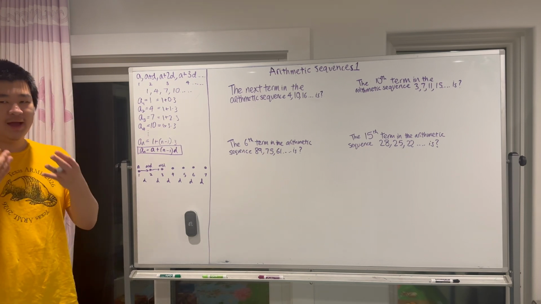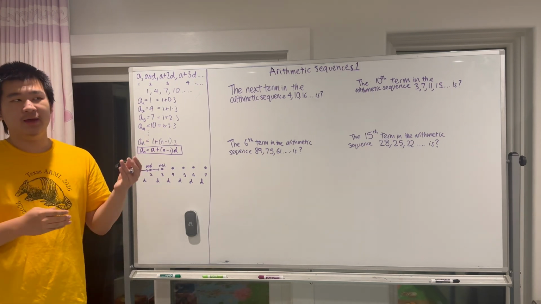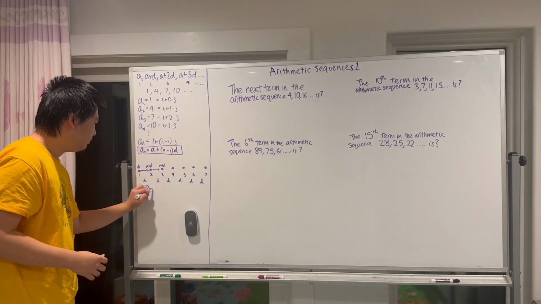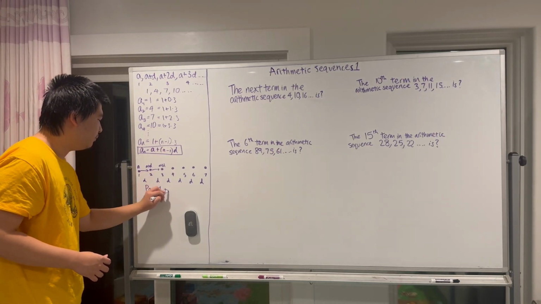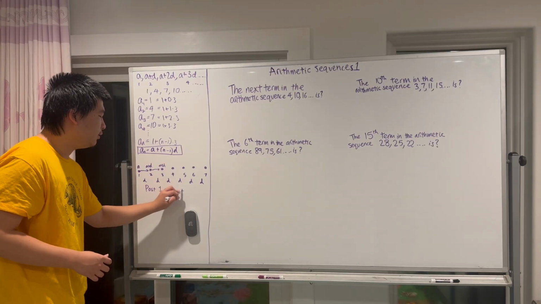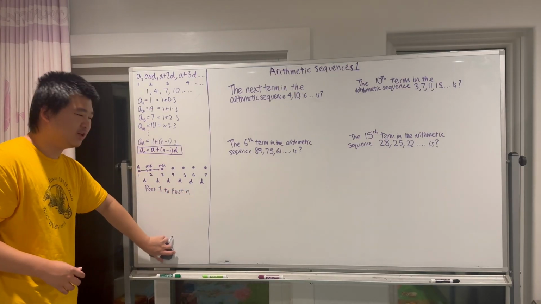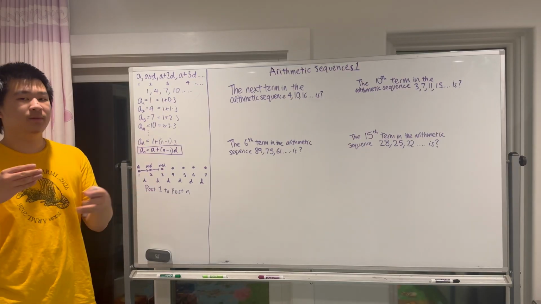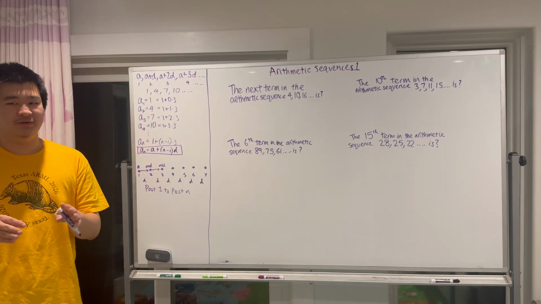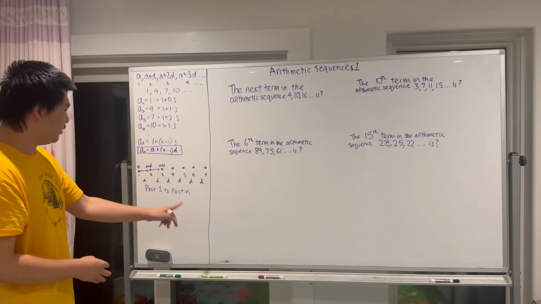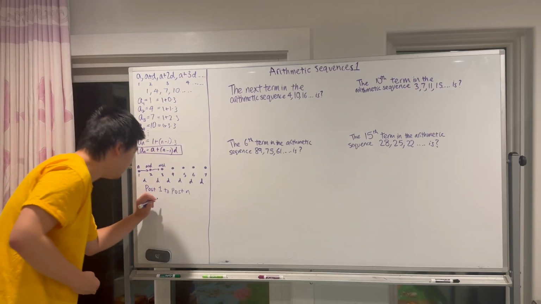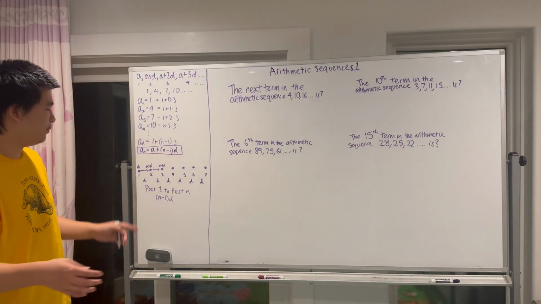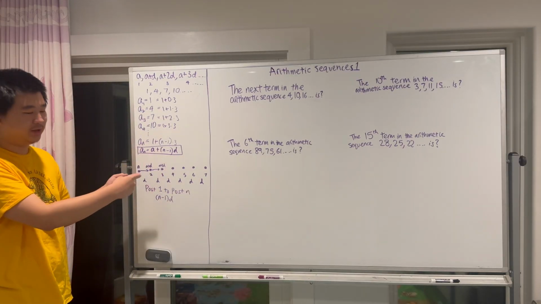And so then you might start thinking about, what's the distance between post 1 and post n? Of course, n here is just an index that we're trying to find, like the nth term of the sequence. Could be 10, could be 100, could be 9 billion. Post 1 to post n, well, the distance is going to be n minus 1 times d. Just like how for post 1 to post 3, it was 3 minus 1 times d.